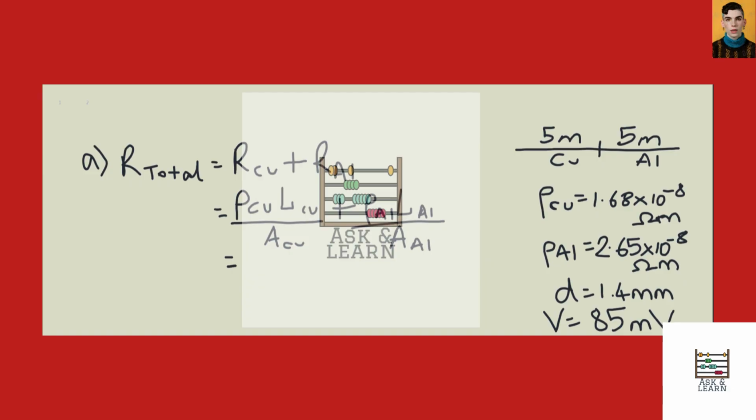Now, since the length of the two sections is the same, they're both 5 meters each, and also the cross-sectional area is the same since the diameter of both sections is the same, we can factor that out. I'll just put that down as L and A. So this is L over A times the resistivity of copper plus the resistivity of aluminum.